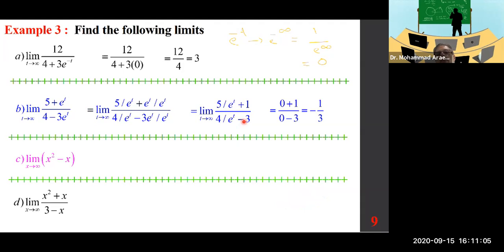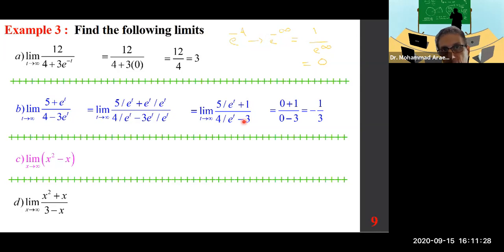So 1 over negative 3, which means negative 1/3. I can't really emphasize this enough. I hope everybody is okay with that. So similar to rational expressions. Okay. Here's the next one.